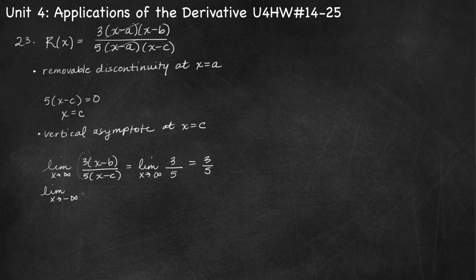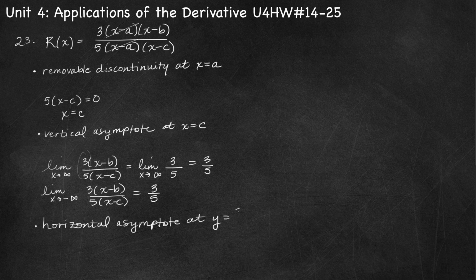So as x approaches negative infinity, the exact same thing is going to happen, and we're going to get 3/5. So we have a horizontal asymptote at y equals 3/5.